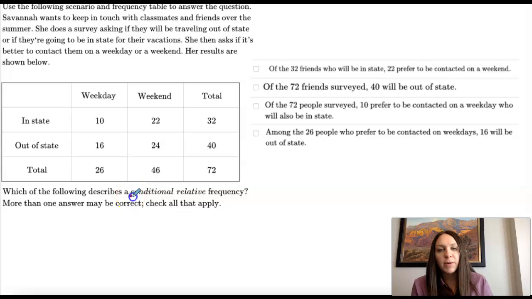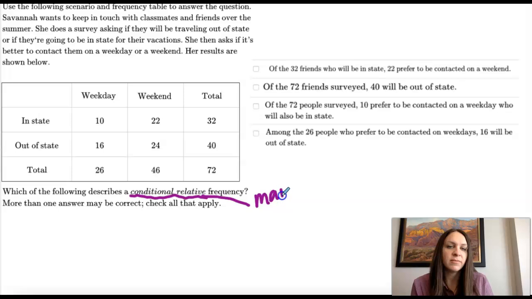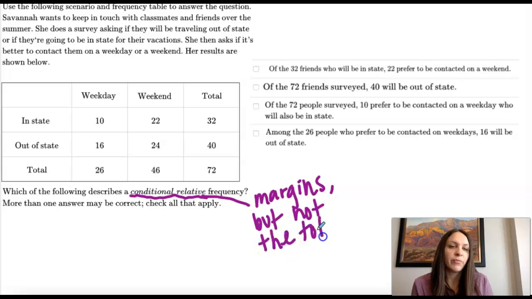So when we're talking about conditional relative, the way to remember this is we're talking about the margins, but not the total. So this first one is out of the 32 friends who will be in state, that's this, in state, 32, 22 prefer to be contacted on a weekend, that's this.